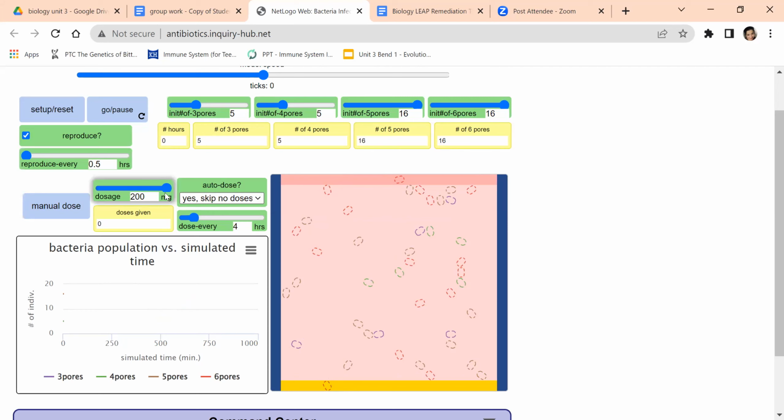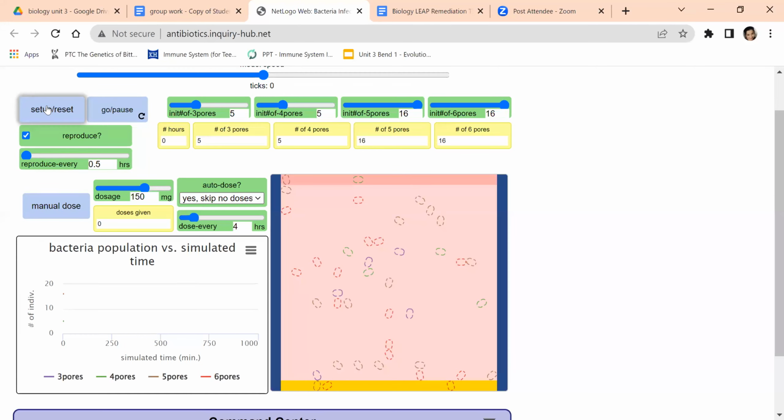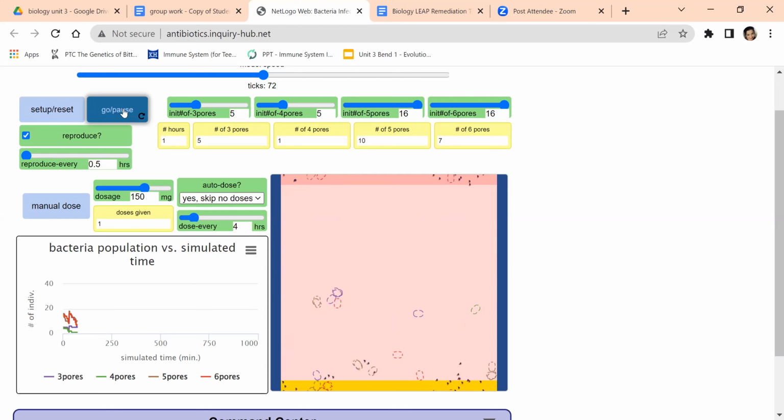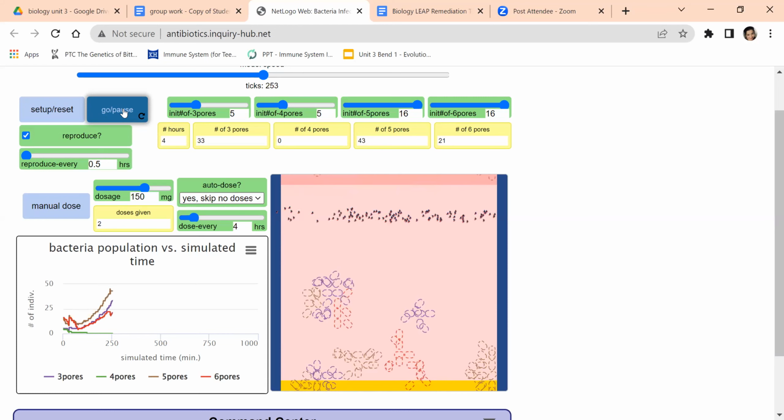And I'm going to decrease the dosage just a little bit because it happens so quickly. I'm just going to put it at 150. And I'm going to set up reset. And let's watch what happens this time. Okay, so now the antibiotics are coming in and destroying the bacteria.